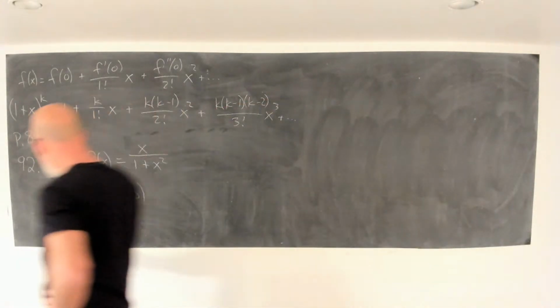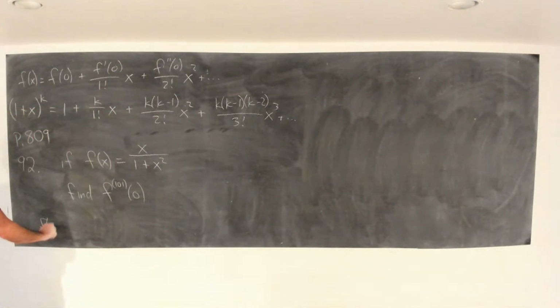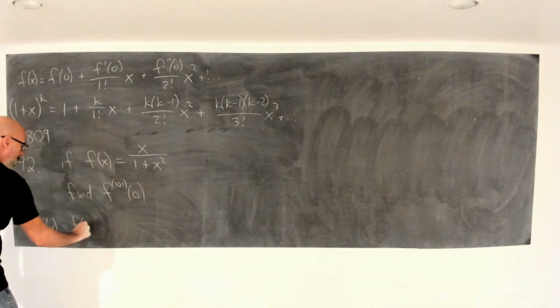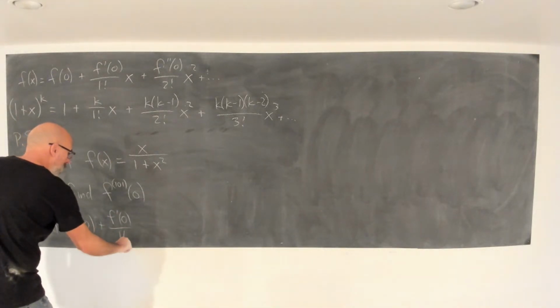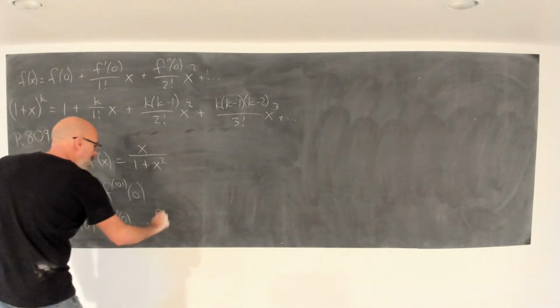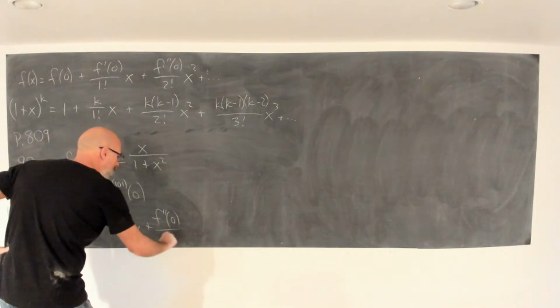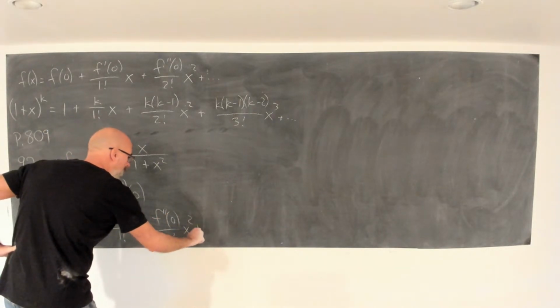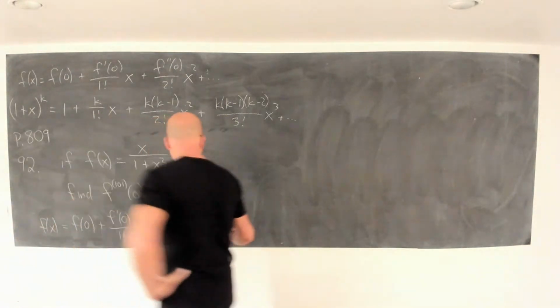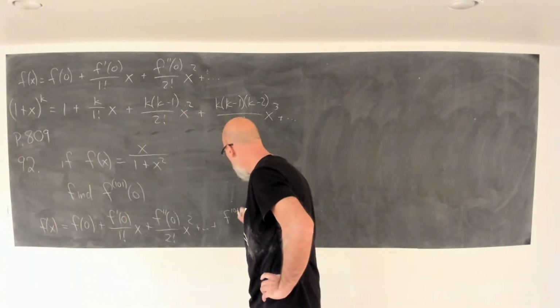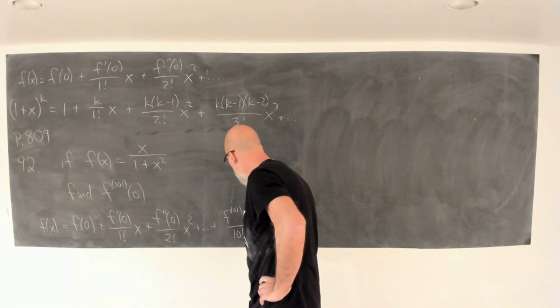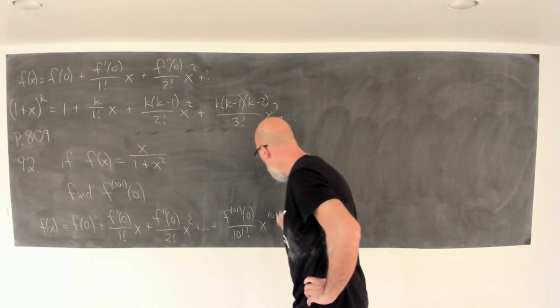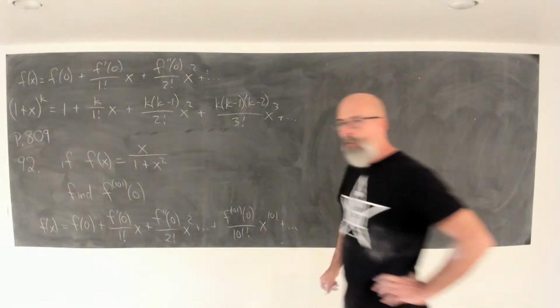In a Maclaurin series, f of 0, f prime of 0 over 1 factorial, and so on, all the way to the 101st derivative at 0 over 101 factorial, x to the 101, and so on, right?